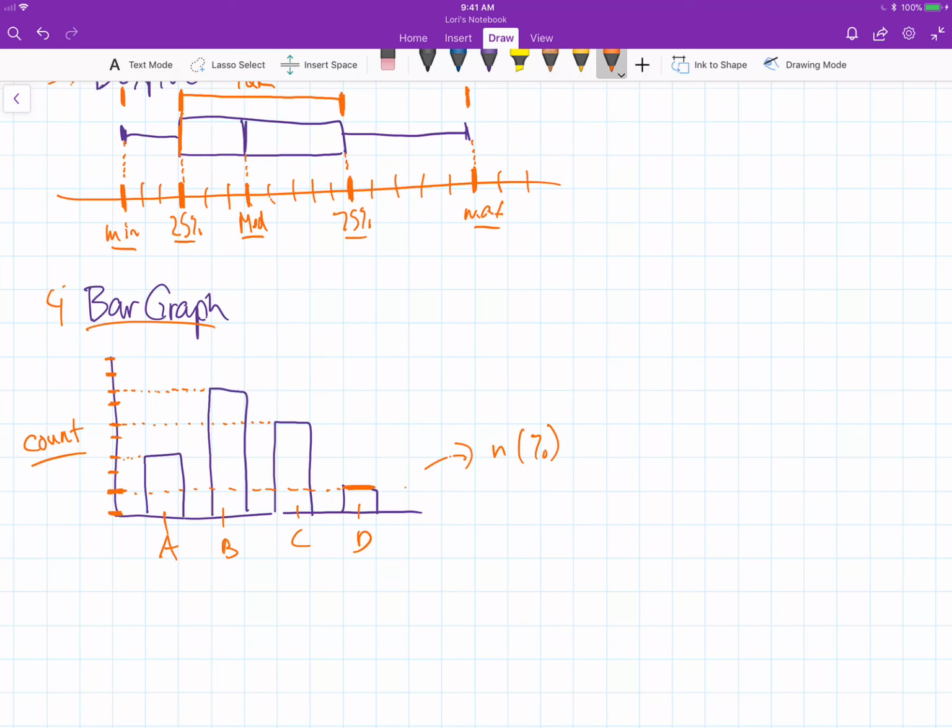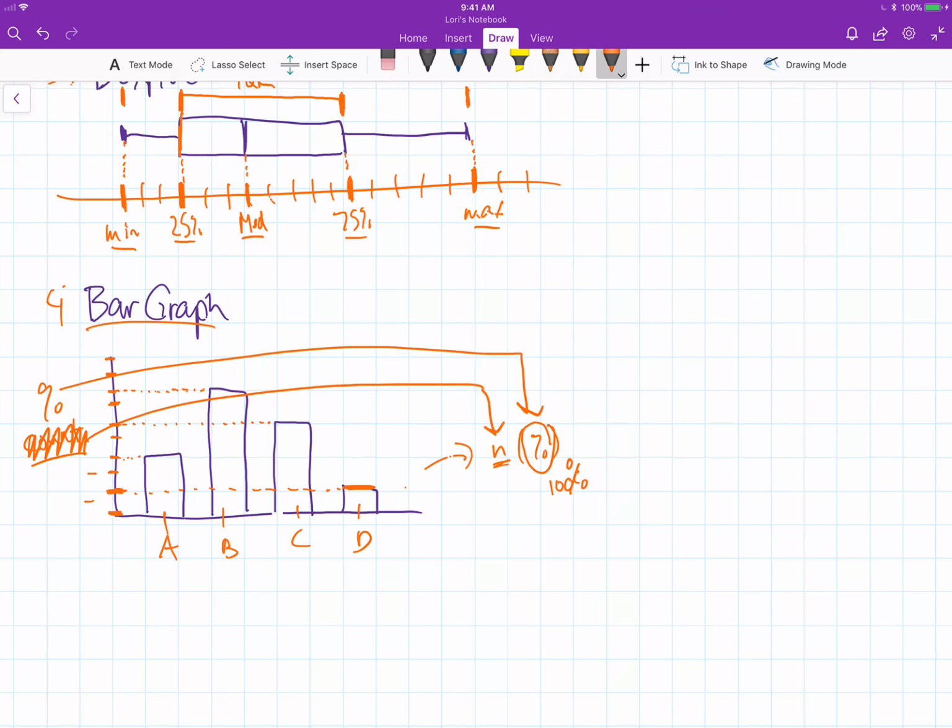But they can be changed so that instead of count, this number over here could be the percentages. And so depending on what you're reading, the actual numbers that are out here, you might be reading the percentages or you might be reading the n's. So just be very careful about that. If it's given in percentages, then the bars should all add up to 100%.